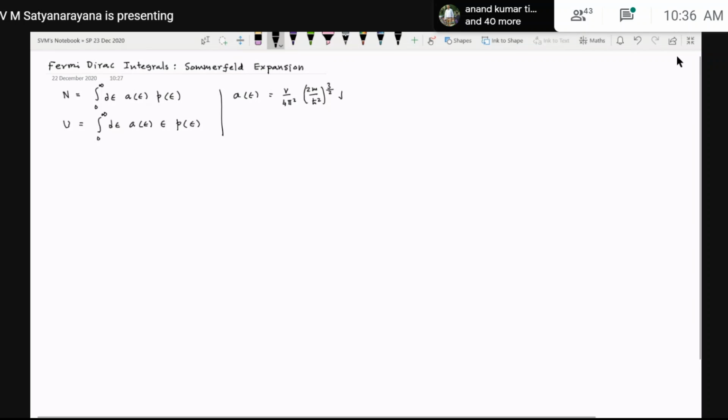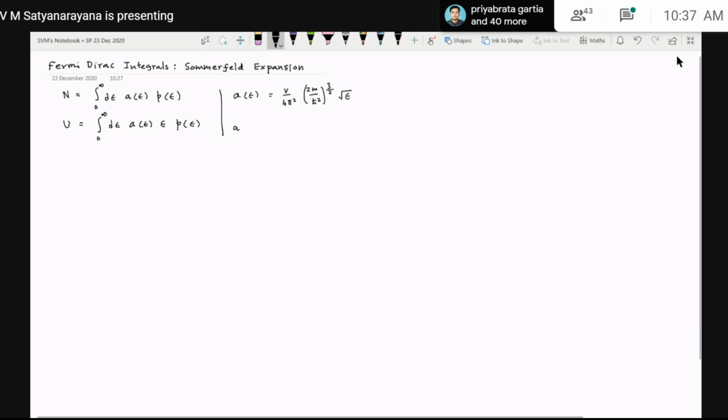In the last class we used this density of states to get these things in terms of the Fermi Dirac functions, if you can recall.